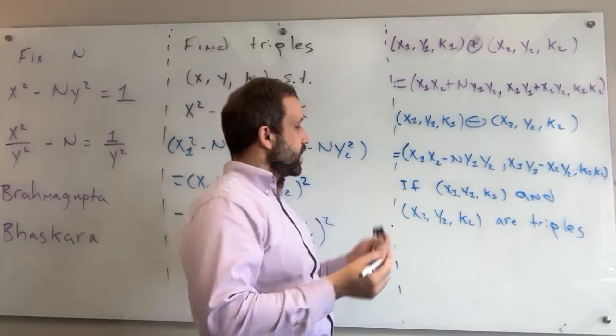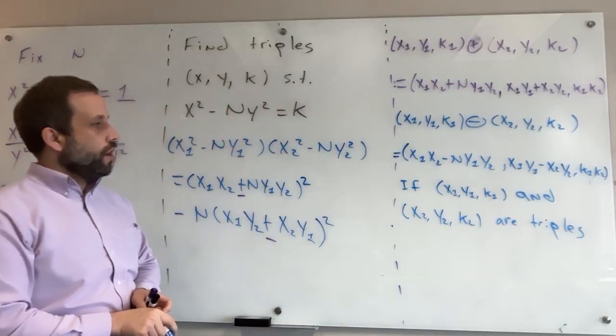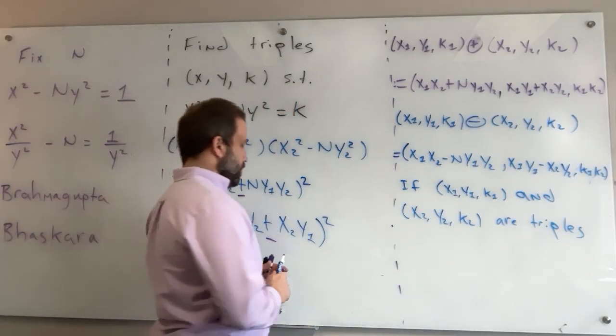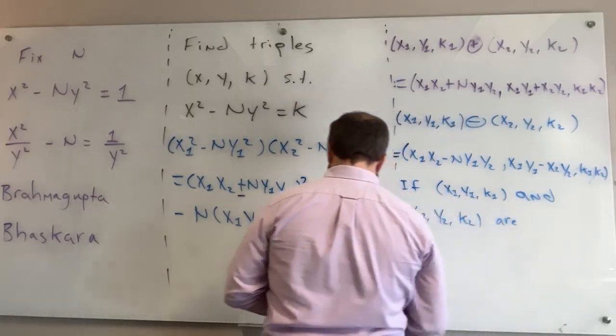I don't know if anybody else does. Again, that might be just me. If these two are Brahmagupta triples, which I'm just going to abbreviate now as BT.